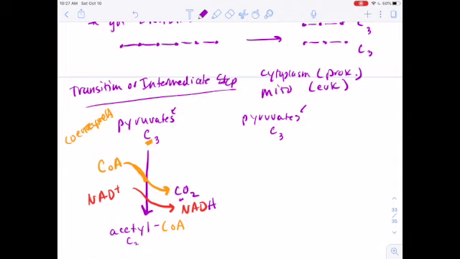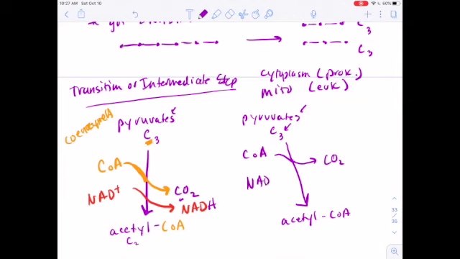And that's happening in the mitochondria if we're talking eukaryotes. And it's in the cytoplasm of the cell if we're talking prokaryotes. Let's draw this one more time. Maybe I won't color code it this time, but coenzyme A joins with 2 of the carbons from pyruvate, boots out a CO2 molecule, and becomes acetyl CoA.